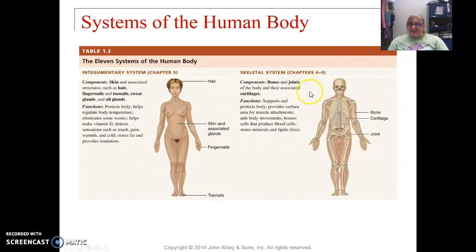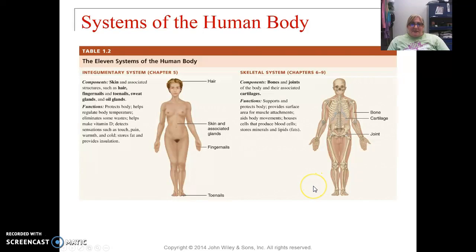The skeletal system, which is in chapters 6 through 9, is composed of our bones, and where our bones meet together, we have joints. There are other accessory structures like tendons and ligaments that we'll talk about as well when we get to that section.